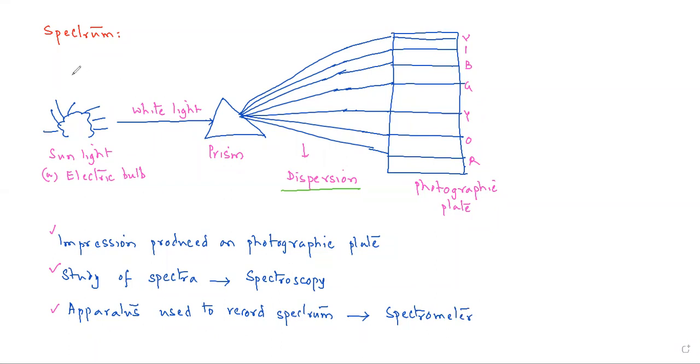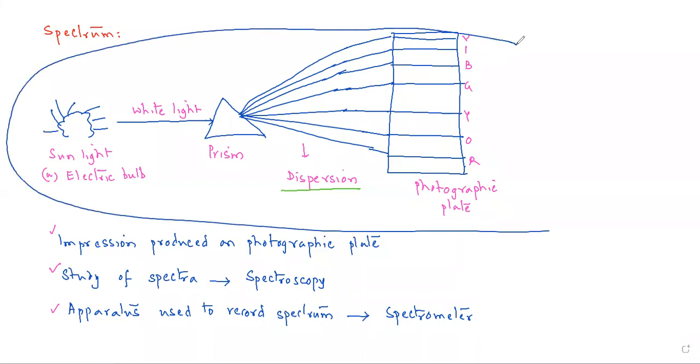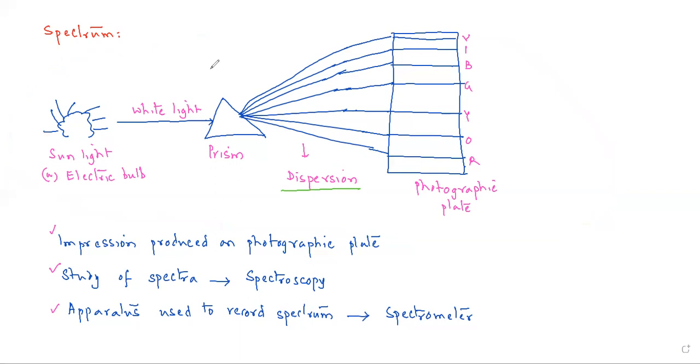In fact, this whole thing is kept in an apparatus. That is what is, of course, called a spectrometer. Okay. Now let us see what are the different types of spectra that can be recorded.